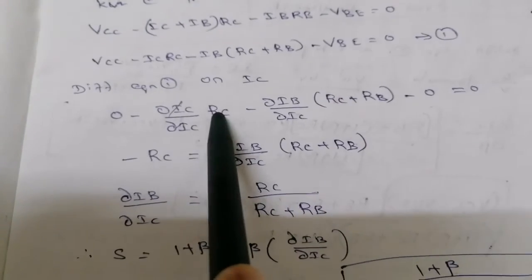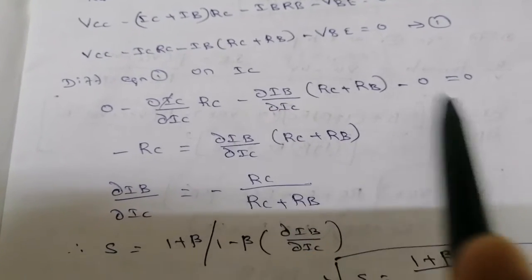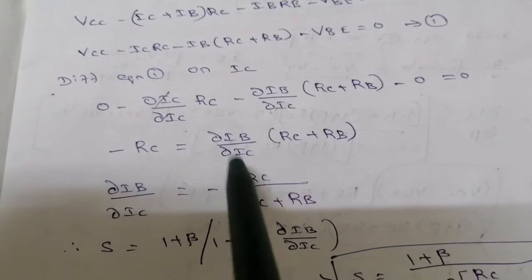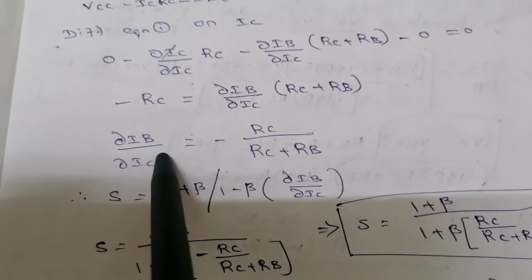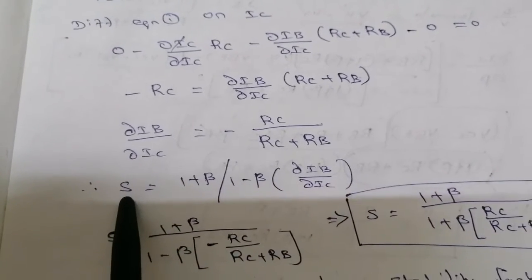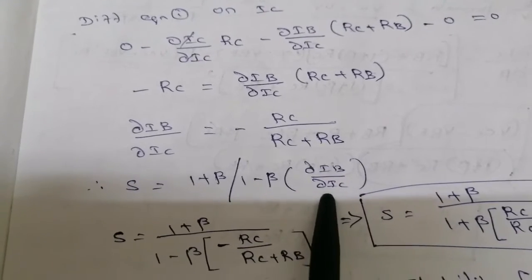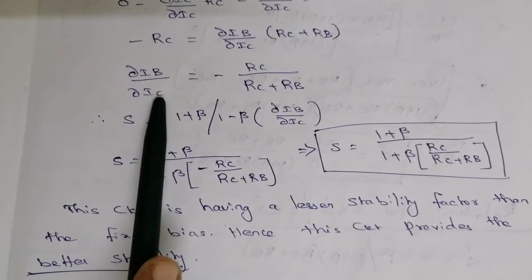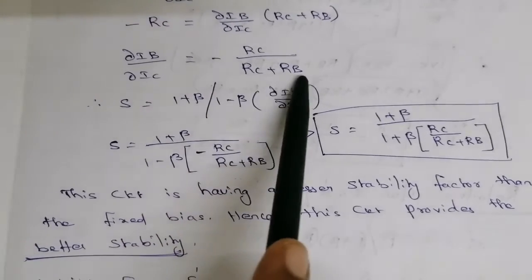So IC cancels, and minus RC is equal to dou IB by dou IC into RC plus RB, with the minus moving to the RHS side. So dou IB by dou IC is equal to minus RC by RC plus RB. We know the stability factor S is equal to 1 plus beta divided by 1 minus beta dou IB by dou IC. After the differentiation, we get dou IB by dou IC equal to minus RC by RC plus RB.